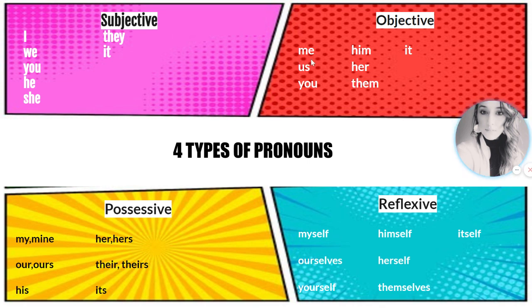Objective, we have me, us, you, him, her, them, and it. For possessive, we have my, mine, our, ours, his, her and hers, their and theirs, and its. For reflexive, we have myself, ourselves, yourself, himself, herself, themselves, and itself.